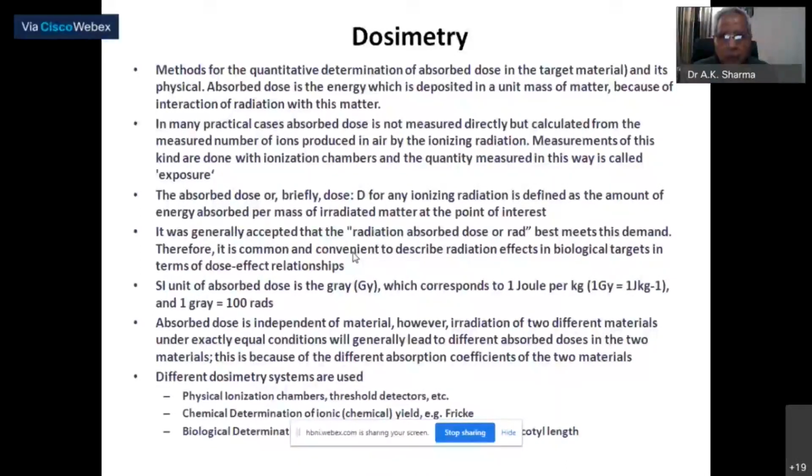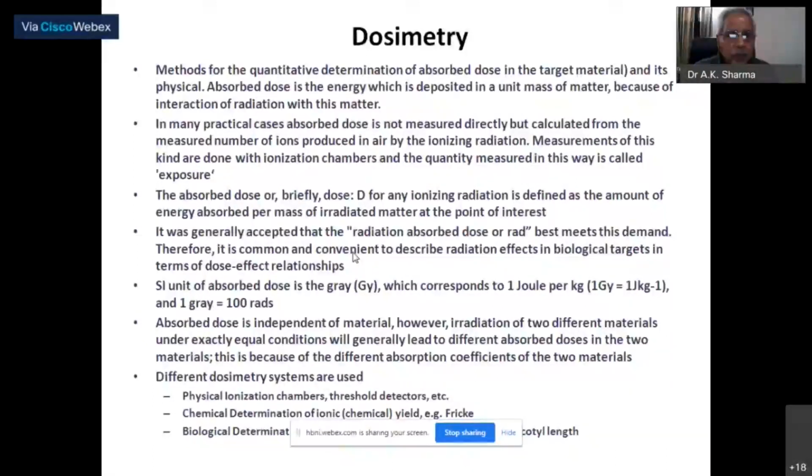But whenever we do that, dosimetry is very important, because for any experiment to be reproducible, we should know the kind of dose that tissue has received, so that we can repeat that. And so dosimetry becomes very important in all mutation experiments. In fact, in any experiment that involves use of radiation.